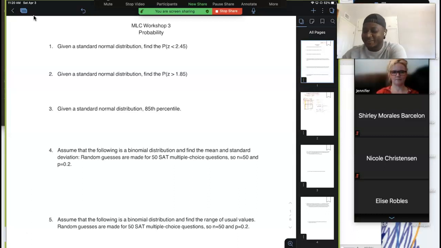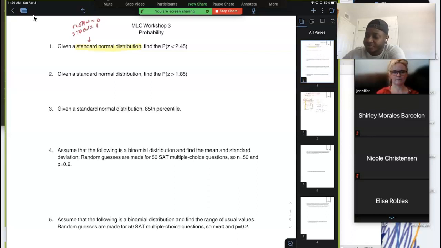So this graph is, and I'll show you right now. For a standard normal distribution, there's a couple requirements. In order for it to be standard, that means your mean is equal to 0 and your standard deviation is equal to 1.